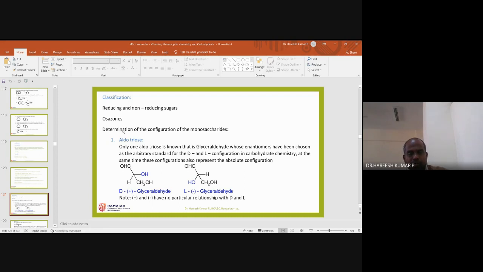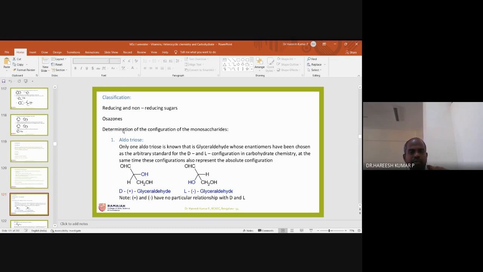Classification of carbohydrates means reducing sugars and non-reducing sugars. Reducing sugar means if the aldehyde group is free, that can be reduced. If there is no free aldehyde group, it will act as a non-reducing sugar. If the aldehyde group is free, that will act as a reducing sugar.